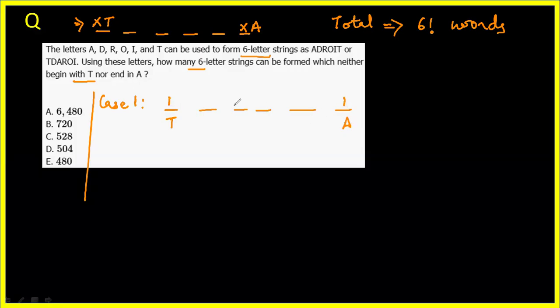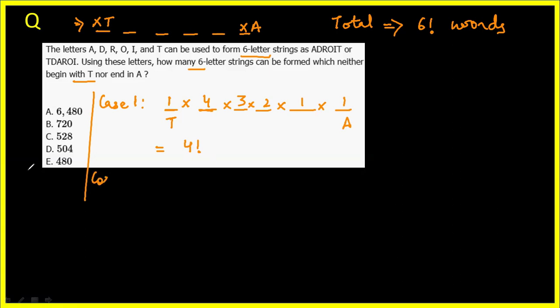Last position, only one, right? T position fixed, A position fixed. So how many choices for the second position? That is 4, then 3, then 2, then 1. Can we write this as 4 into 3 into 2 into 1, as 4 factorial words?